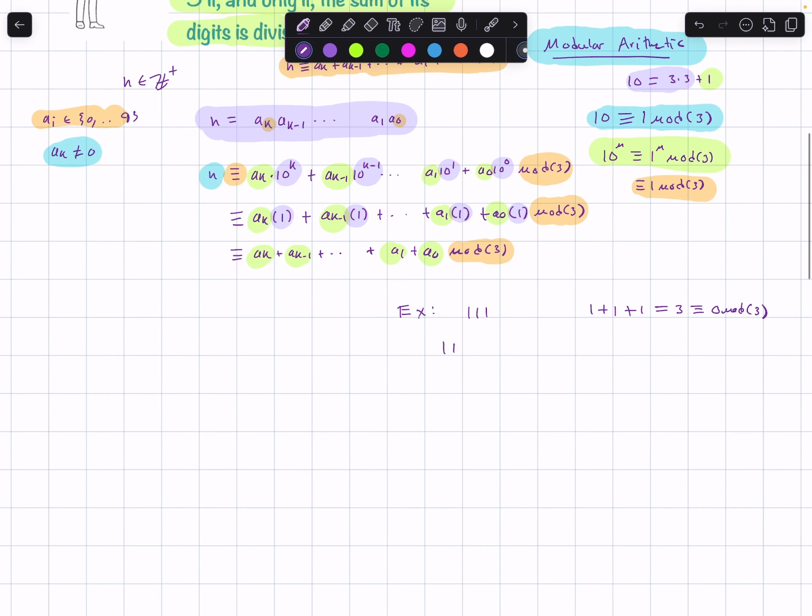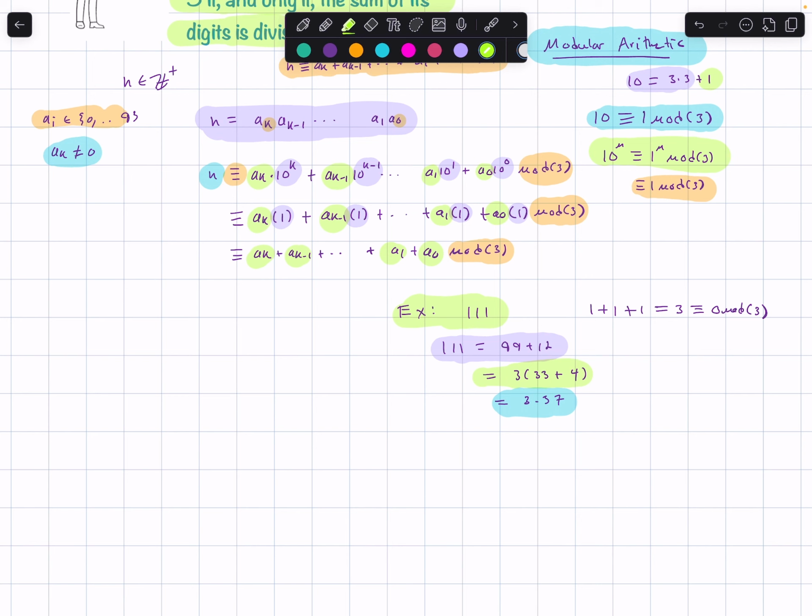And indeed, 111 is 99 plus 12, which is 3 times 33, plus 4, which is 3 times 37. So success. You can construct numbers which are multiples of 3 really easily, just by making sure that the digits add up to a multiple of 3.